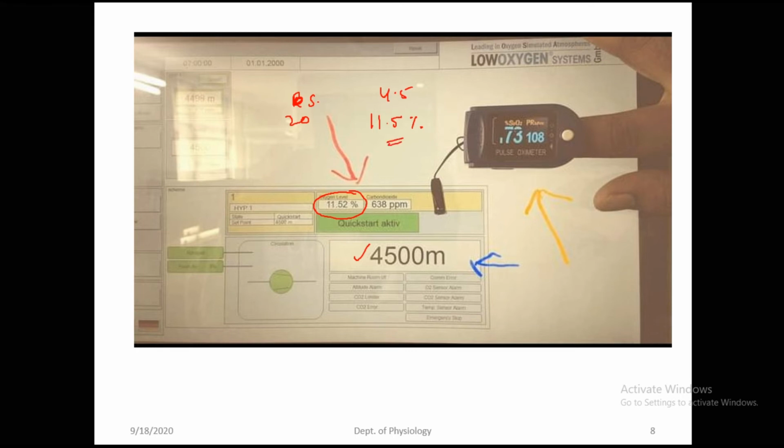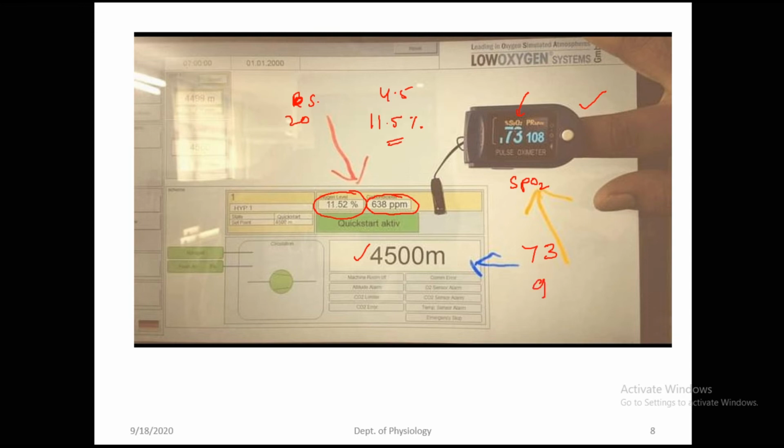And the carbon dioxide concentration can also be seen here at 638 ppm, and this is the pulse oximetry, where we can record SpO2, the oxygen saturation in the peripheral blood. So here the saturation of oxygen with the hemoglobin is 73.